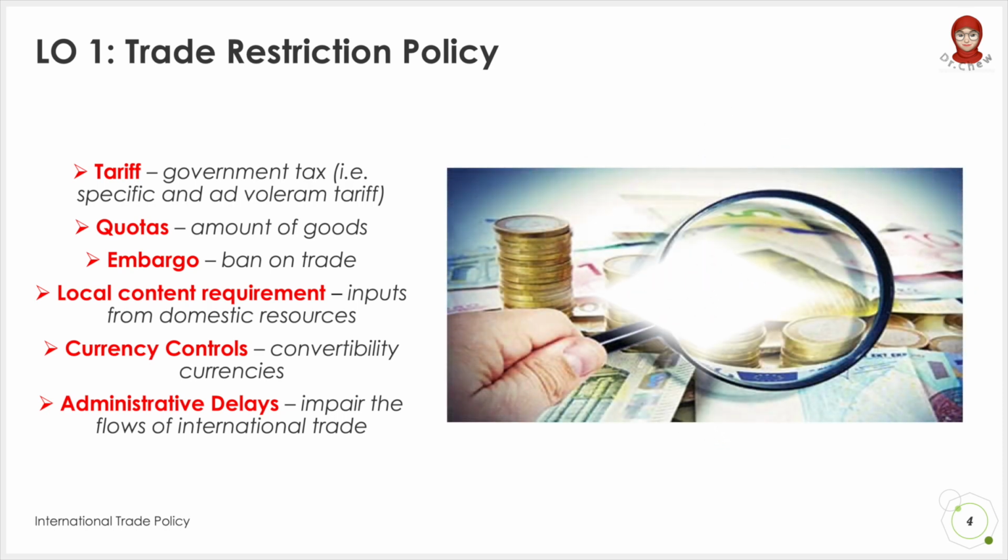Restrictions on the convertibility of a currency into other currencies are called currency controls. A company that wishes to import goods generally must pay for those goods in a common internationally acceptable currency, such as the US dollar, European Union euro, or Japanese yen.